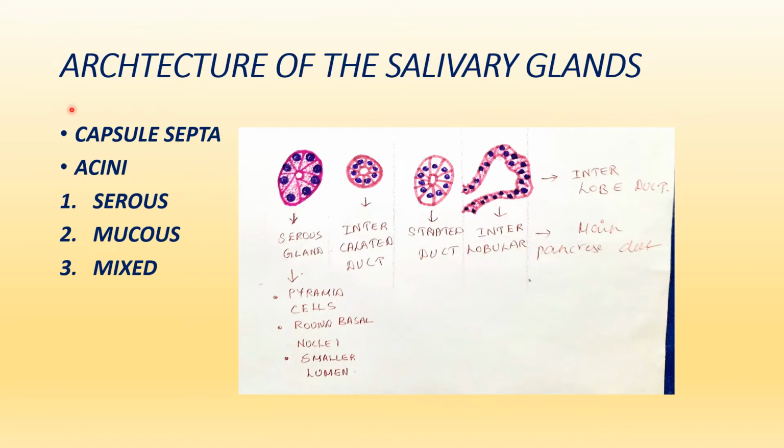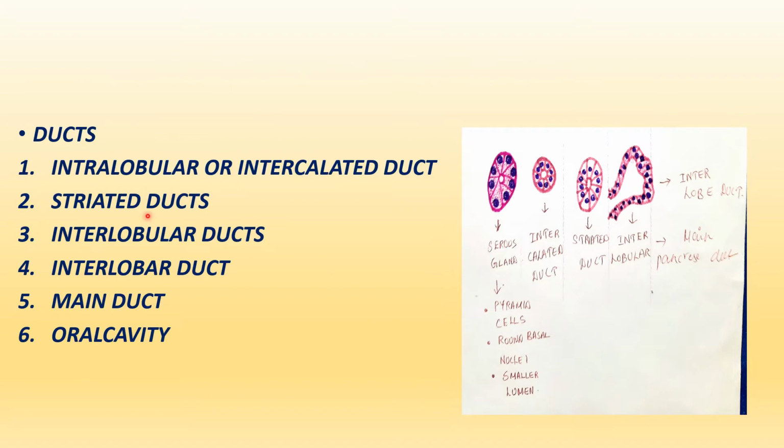Next, before knowing about the histology of the serous salivary gland, we have to know about the general architecture of the salivary gland. In all the salivary glands, mainly three structures will be present: capsule, acini, and ducts.